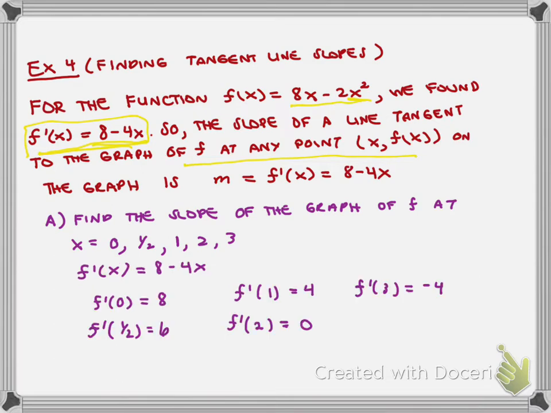All right, so you should have received these values. f prime of 0 is 8, f prime of 1/2 is 6, f prime of 1 is 4, f prime of 2 is 0, and f prime of 3 is -4. So that means at those points on the function f of x equals 8x minus 2x squared, the slopes of the tangent lines are represented here.